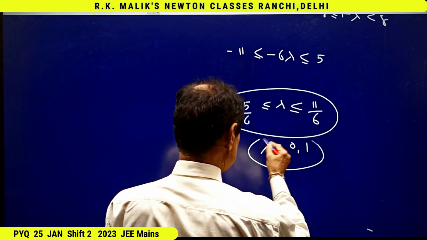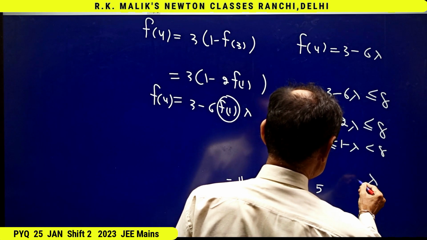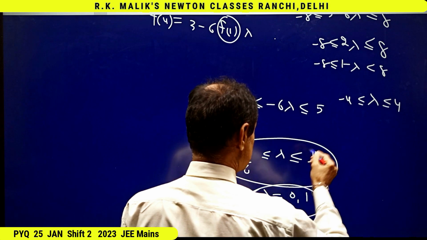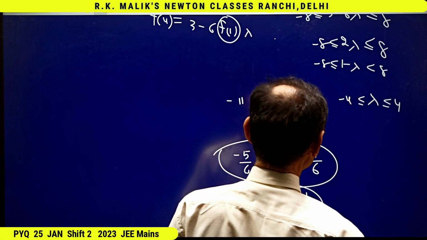That is, this is satisfied, and this means lambda should lie between minus 4 and 4, and this is a subset of this. Hence, if this is true, this is automatically true.